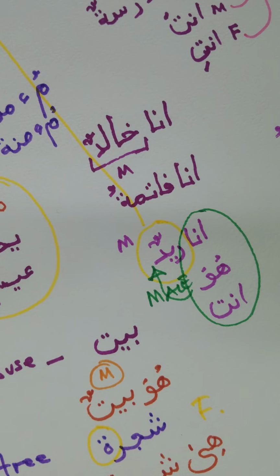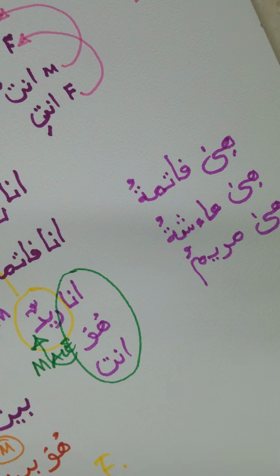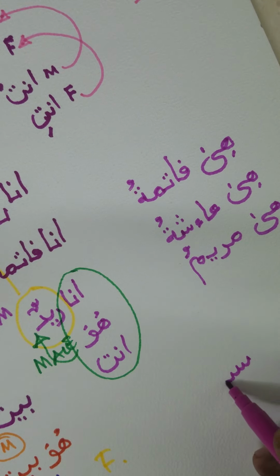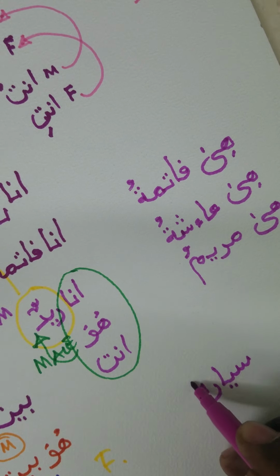We can have another. Okay, like car is siyara. If you want to say it is a car, you look at the word siyara. How do you write the word siyara? You write it like so.